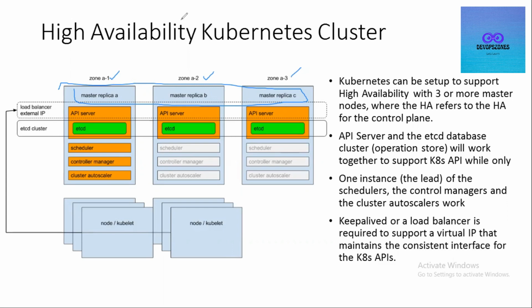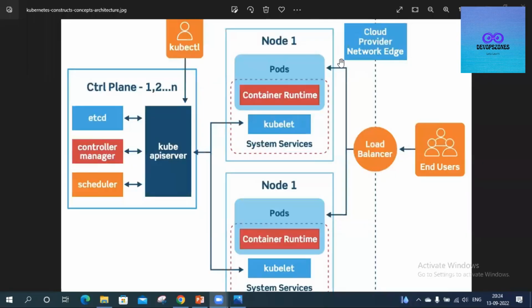Let me clear up the drawings, close it up. As we have discussed before, we have a control plane which has etcd, control manager, scheduler, and API server, and then you have worker nodes where kubelet is running, kube-proxy is running, and you have the container runtime or the pods running over here.